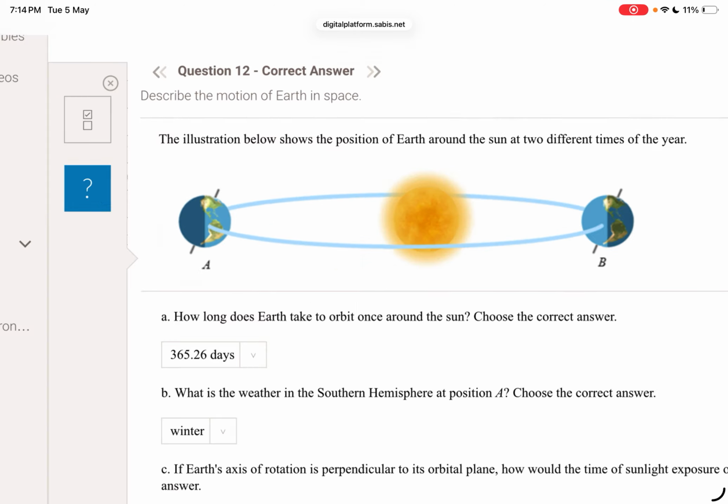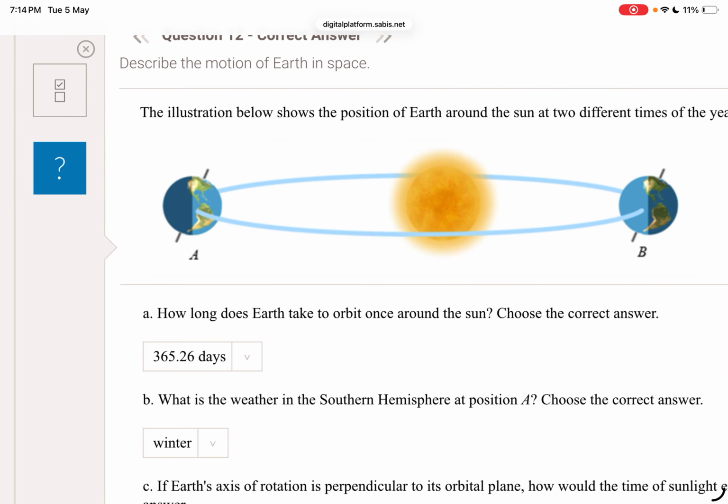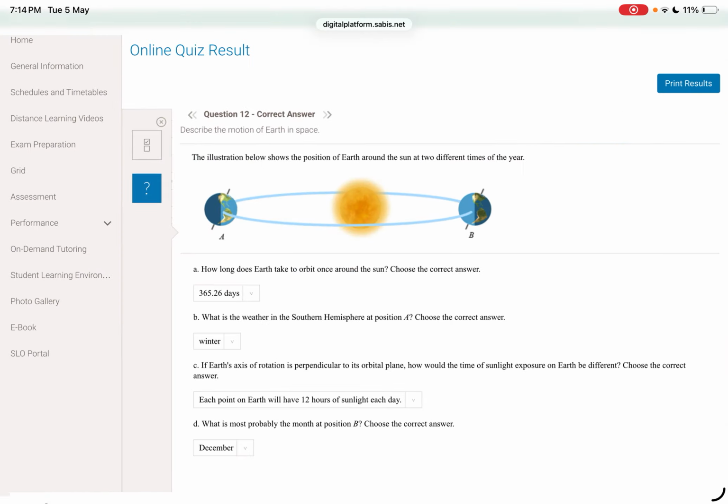You have to memorize this. Here the south is down, the southern hemisphere. It says that at position A, the southern hemisphere is tilted away from the Sun, which means it gets less direct sunlight, the days are shorter and the temperatures are lower, which means it's winter.